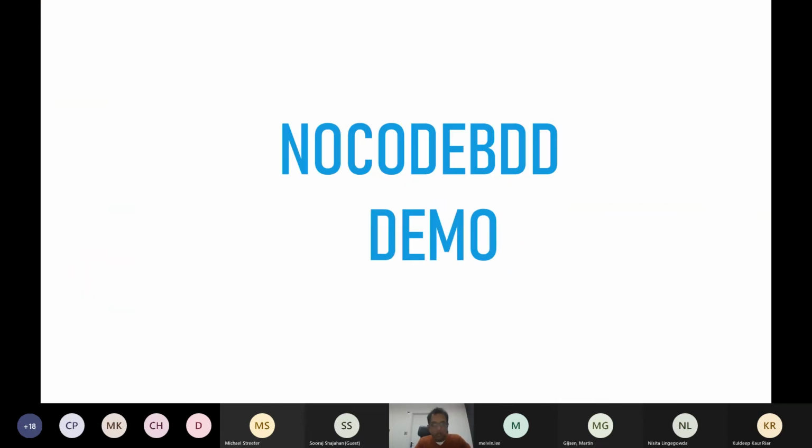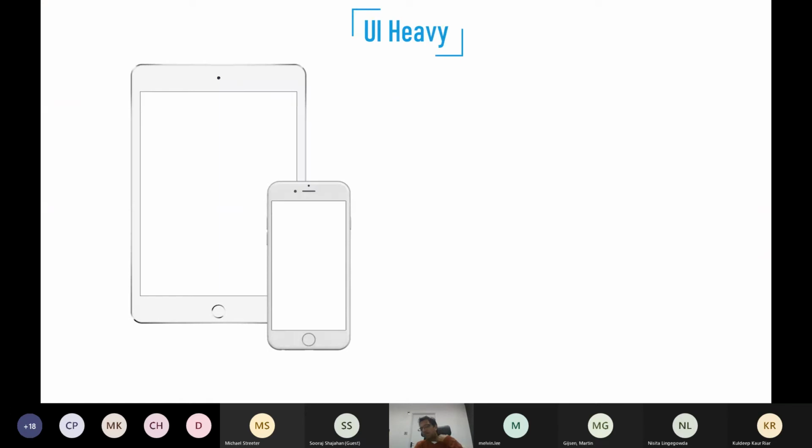Okay, I've given the demo. I've put the slide at the very end, after the demo. The reason being, whether you are going to use NoCodeBDD or any other open source or similar product like Cucumber, it's quite important that you don't go UI heavy. If you're on a UI based project, try to avoid being UI heavy.